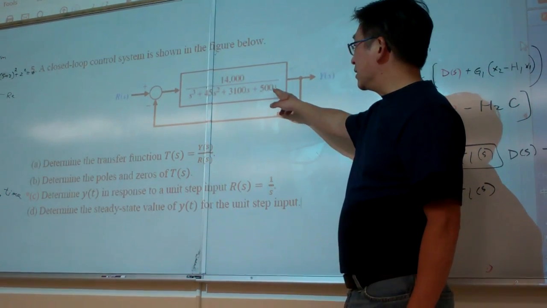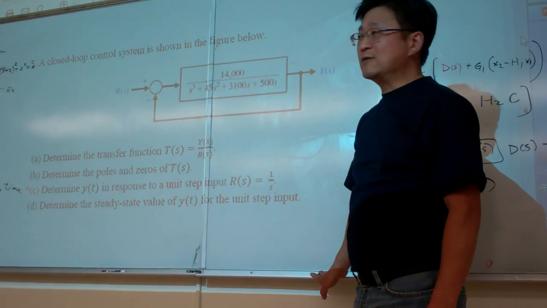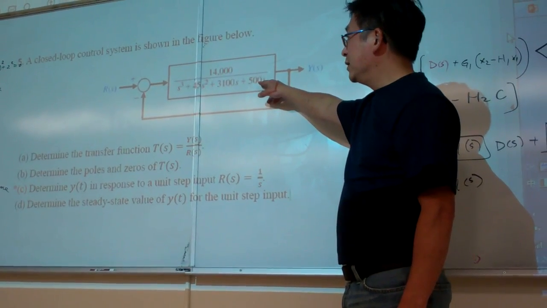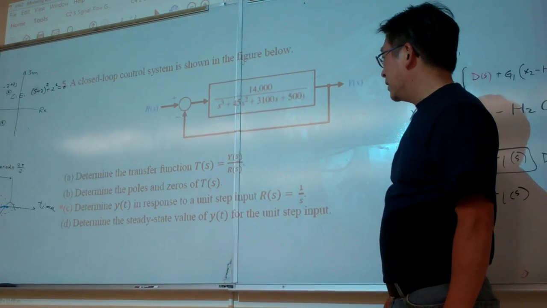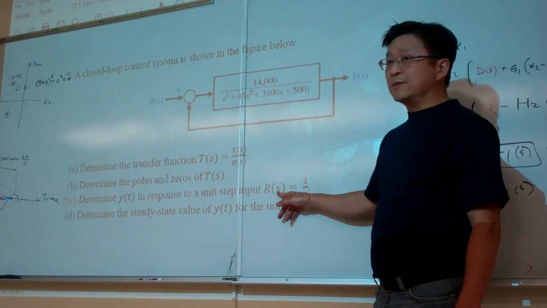And for the poles, you likely have to use your calculators to solve for the roots of the polynomial equation in the denominator. And then determine the y(t). So this one will take a little bit of time.